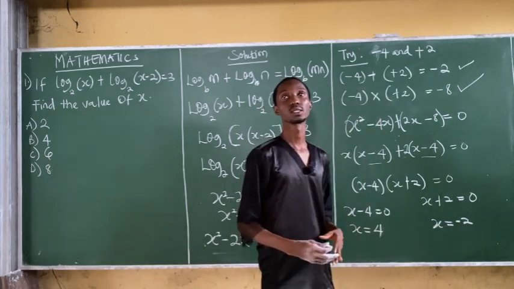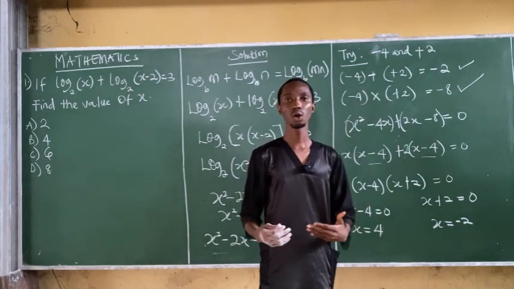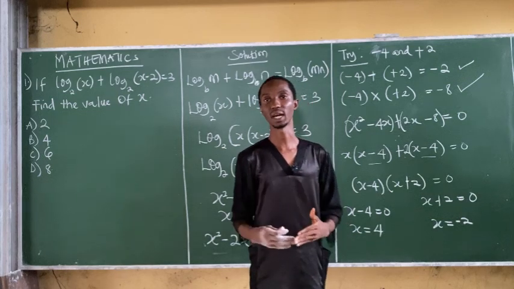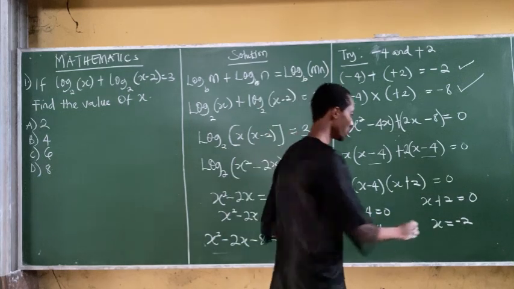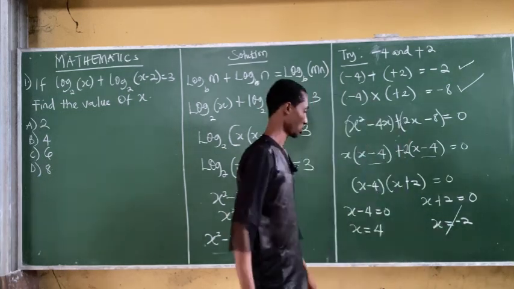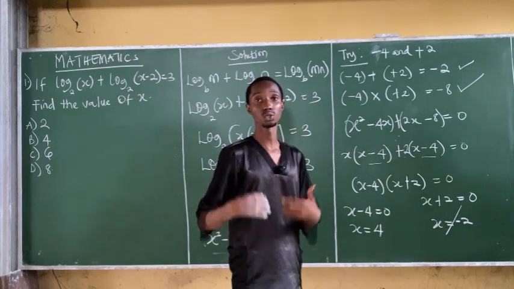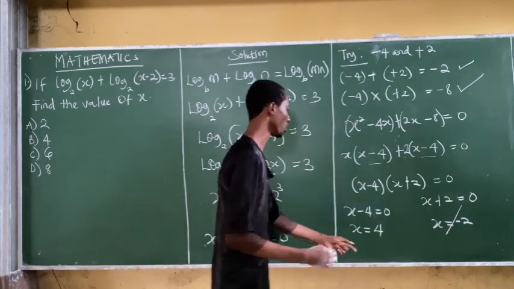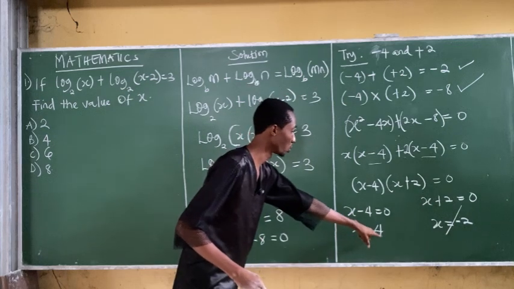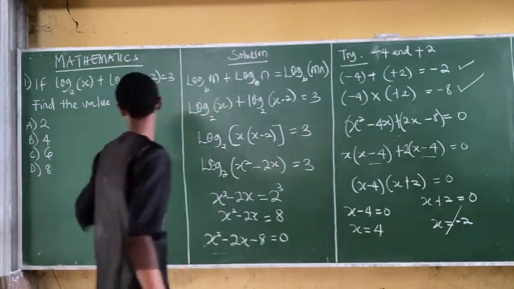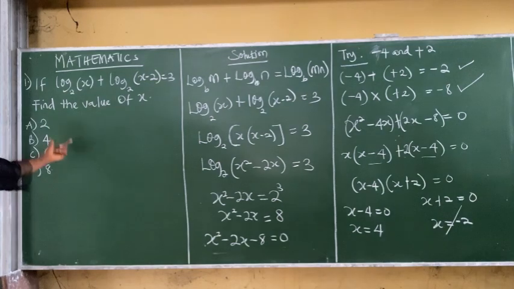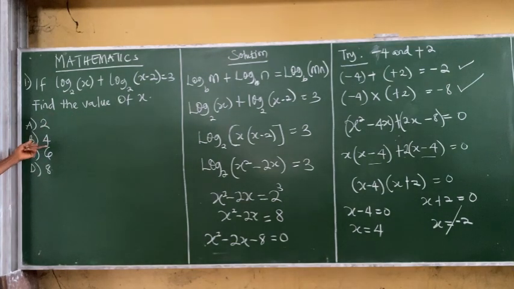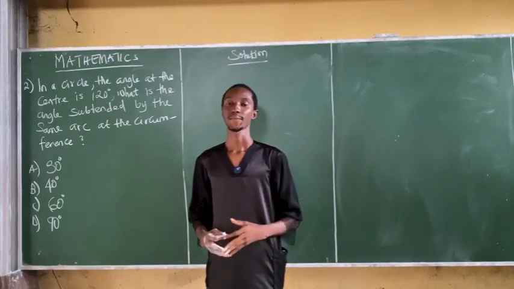Now, the log of a negative number is undefined. Therefore, we reject minus 2. So we work with x is equal to 4. From our options here, the correct option is option B.